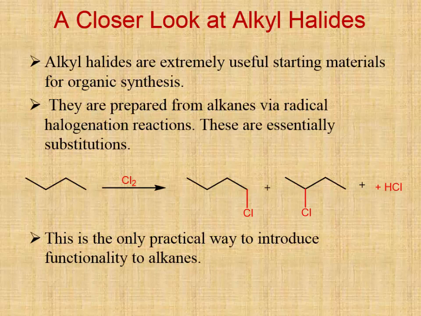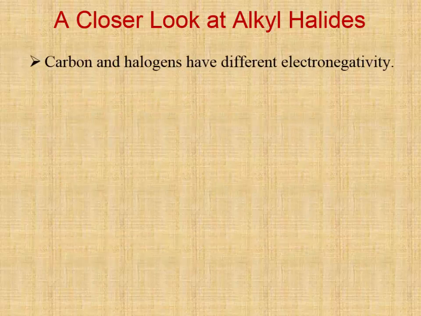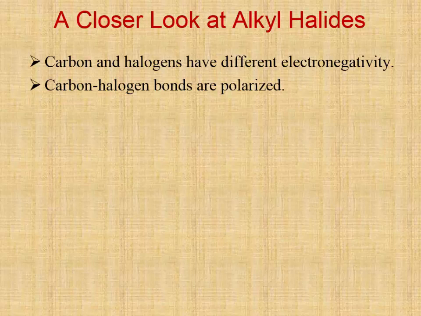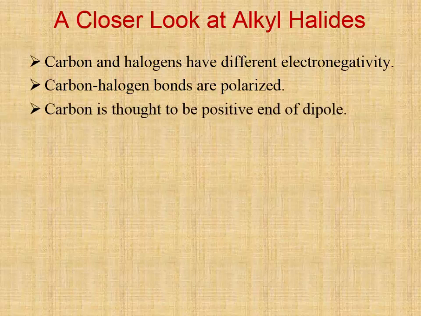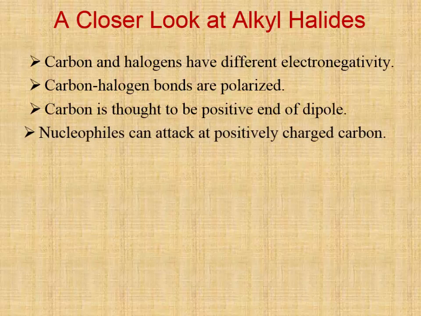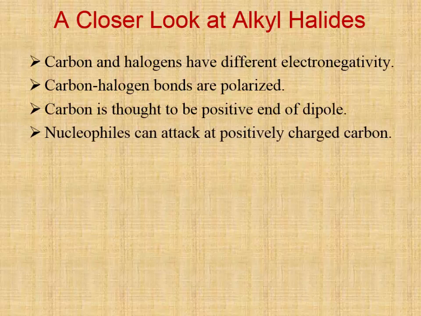Let's consider the properties that influence the reactivity of alkyl halides. Carbon and the halogens have different electronegativities, and this results in a carbon-halogen bond that is polarized, or in other words, we have a separation of charge. Carbon is at the positive end of the dipole, and nucleophiles are attracted to this positively charged carbon.